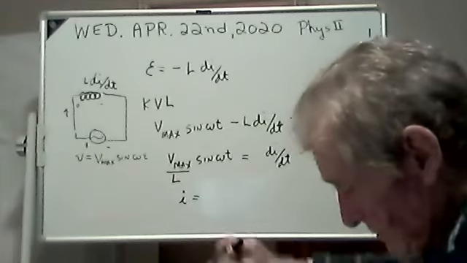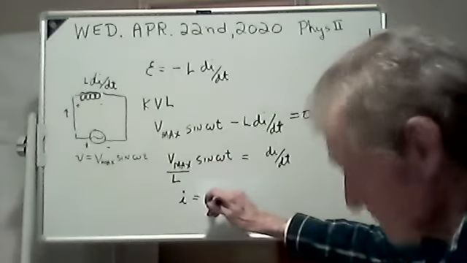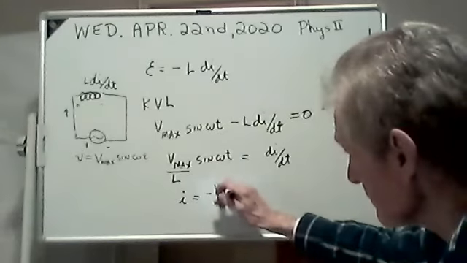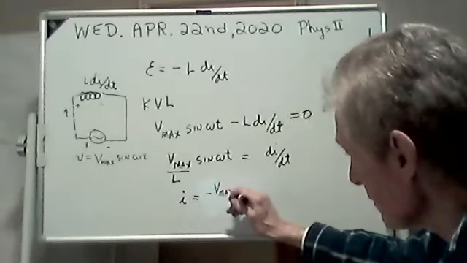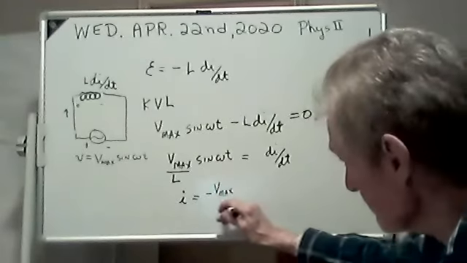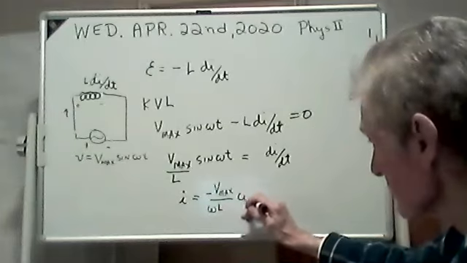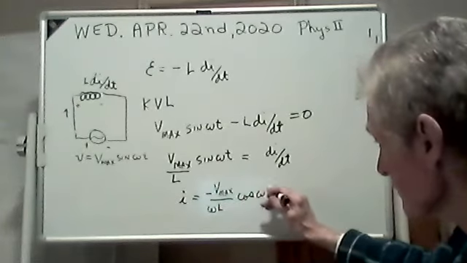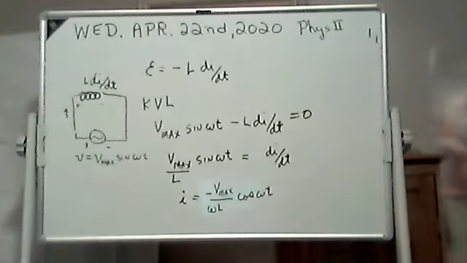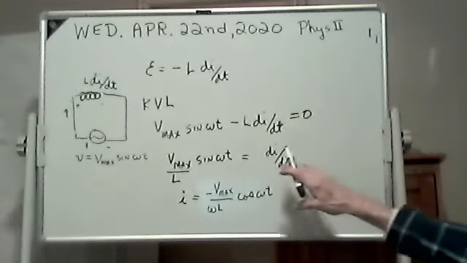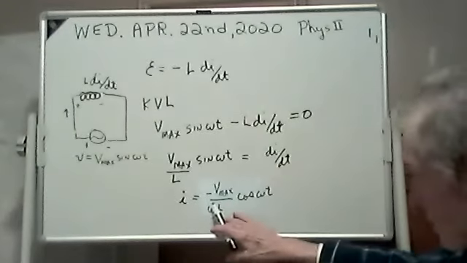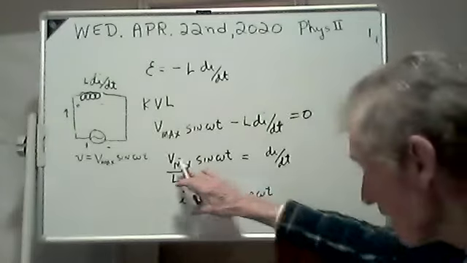I'm getting this. We'll make sure that's right. And now to check it, what you'd have to do is take the derivative of this and hope that you get that.